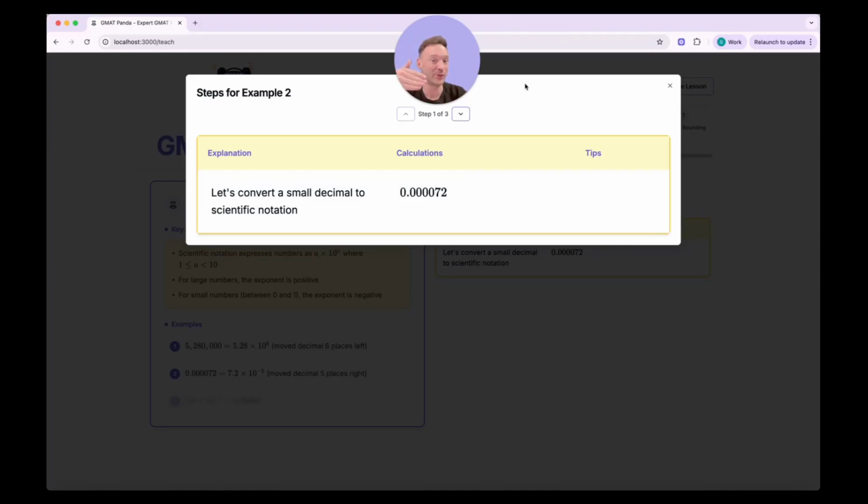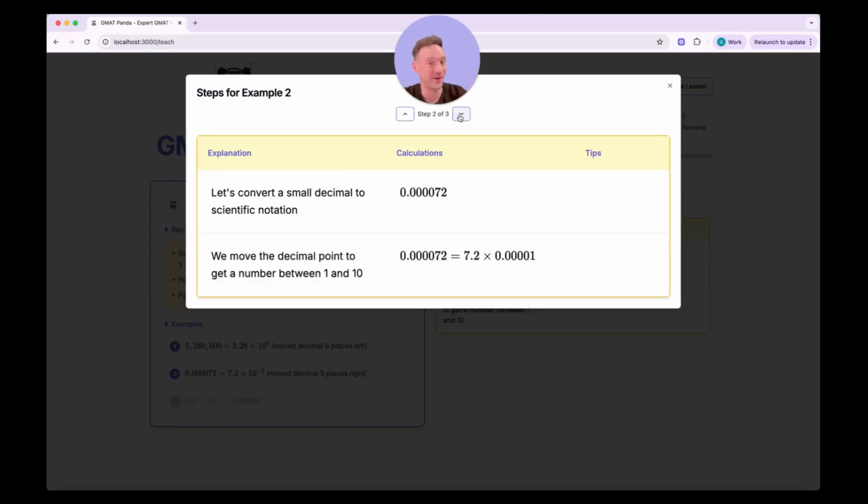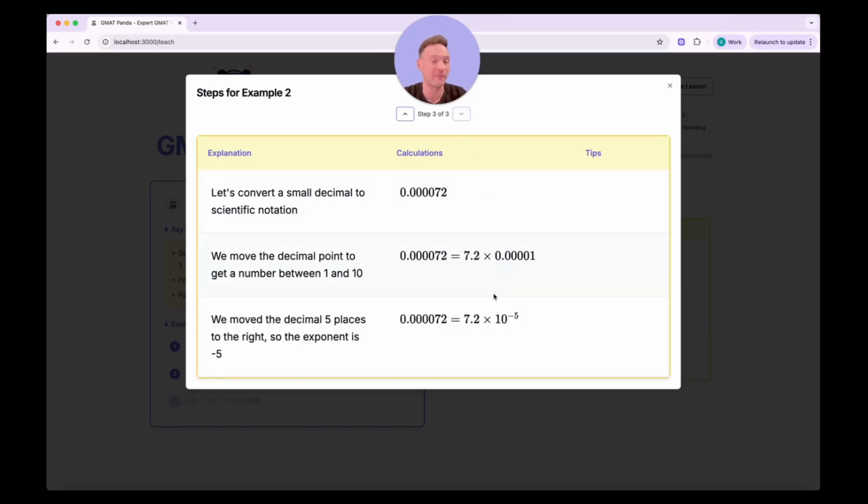And if they were to write and speak like this all the time, I mean, they would spend all day saying 0.000, etc. So to make their life easier, what they do is they write it as 7.2 times, and then they write a power of 10, which in this case is 10 to the power of minus 5.